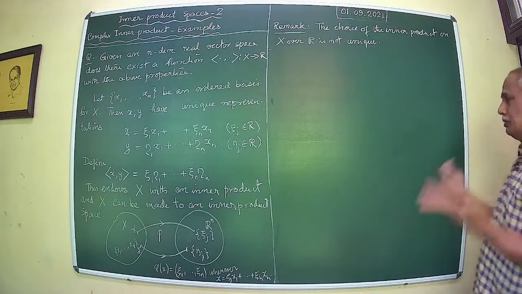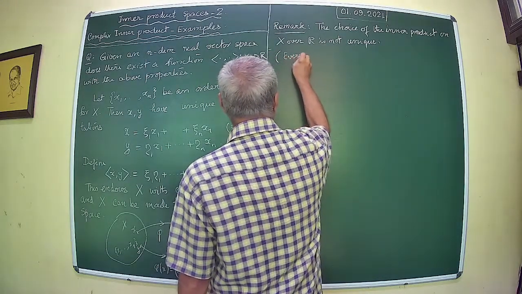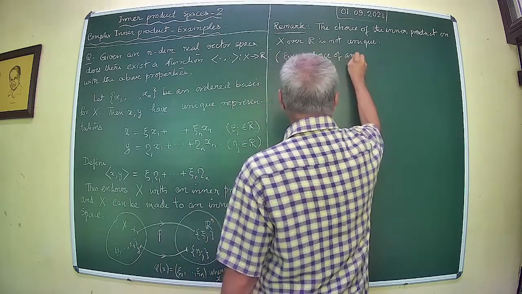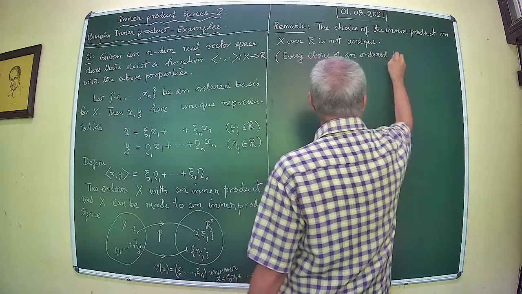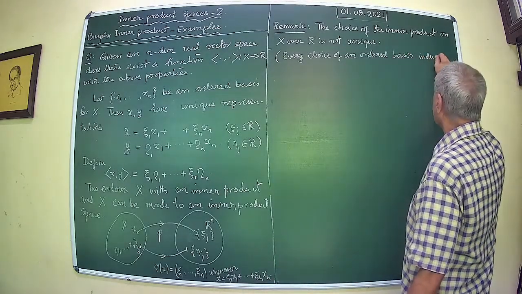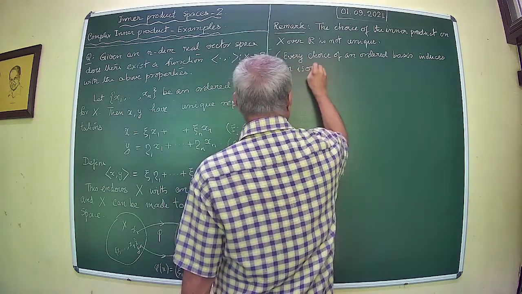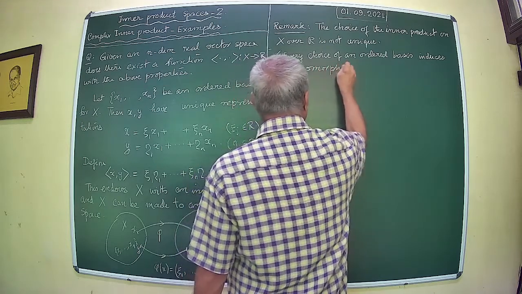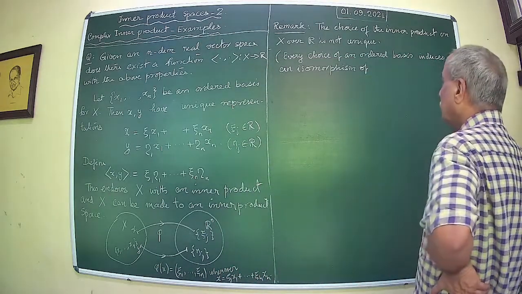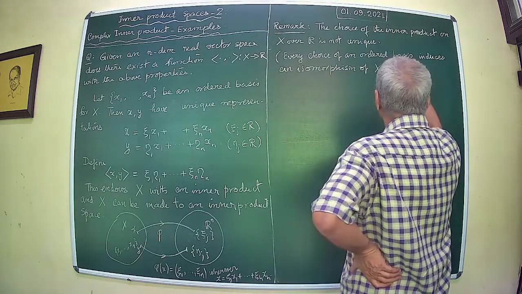Okay? How do you do that? This is because every choice of an ordered basis induces an isomorphism, the different isomorphism that you have.